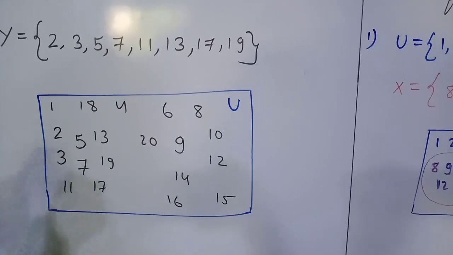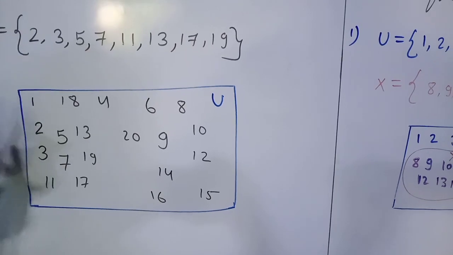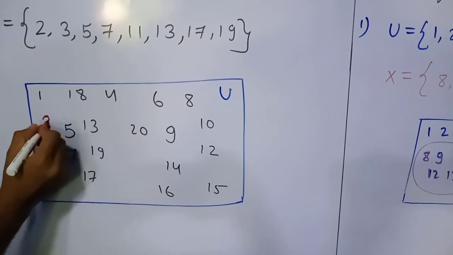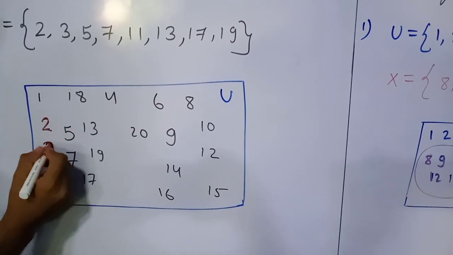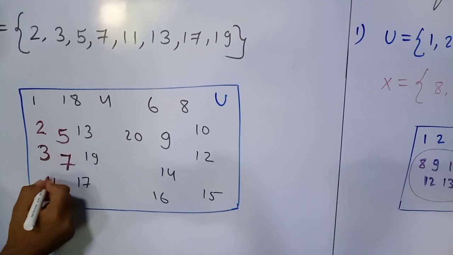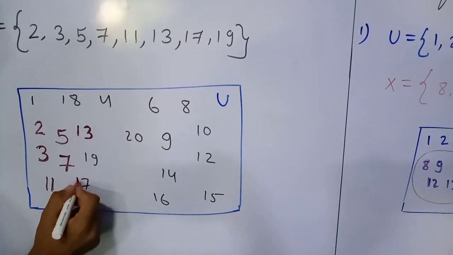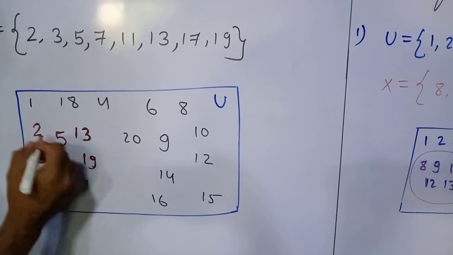Now the next one is set Y, the prime numbers from 1 to 20. There are 2, 3, 5, 7, 11, 13, 17, 19.